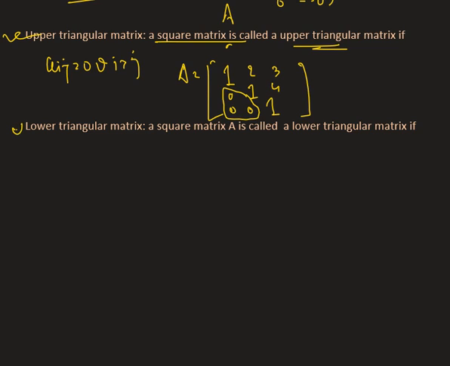Now obviously our next variant must be the lower triangular matrix. Here we have Aij equals 0 for all i less than j.